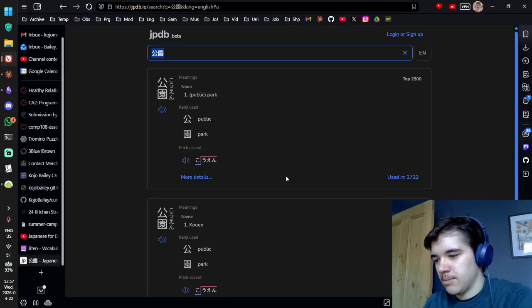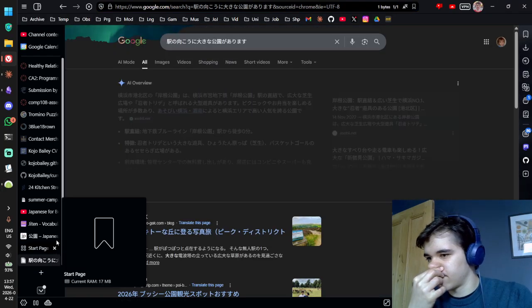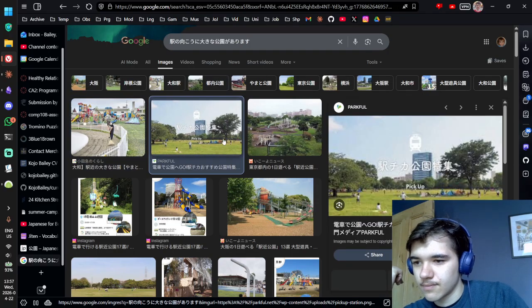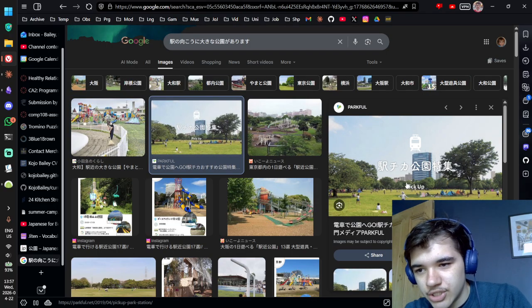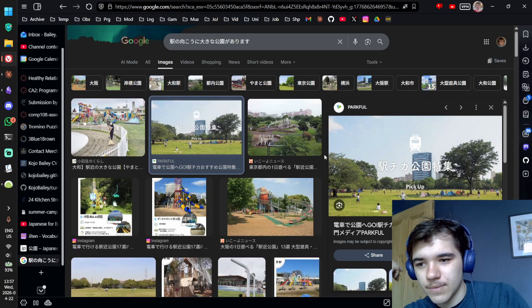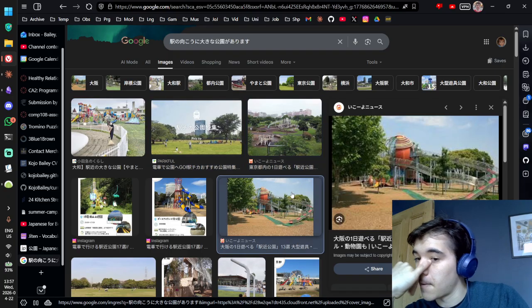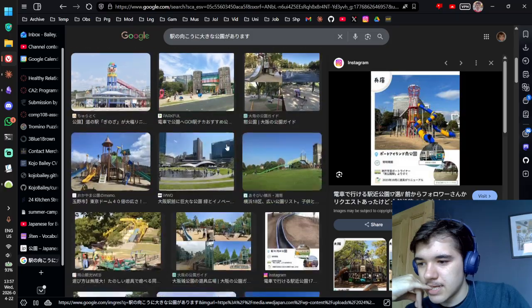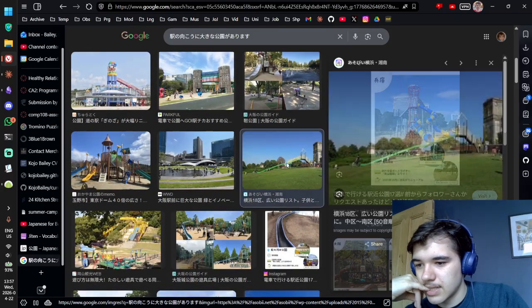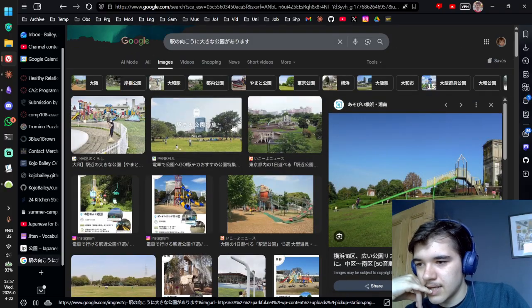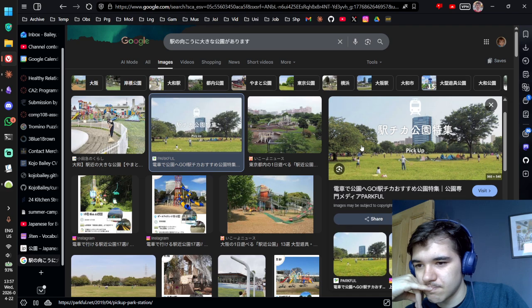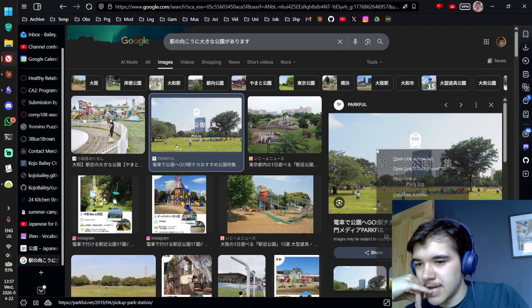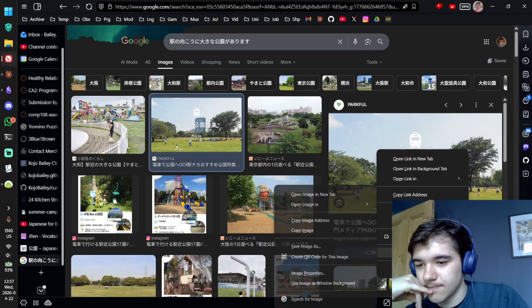So then we need the image. Kichika koen. Cool. This is a potentially good image.